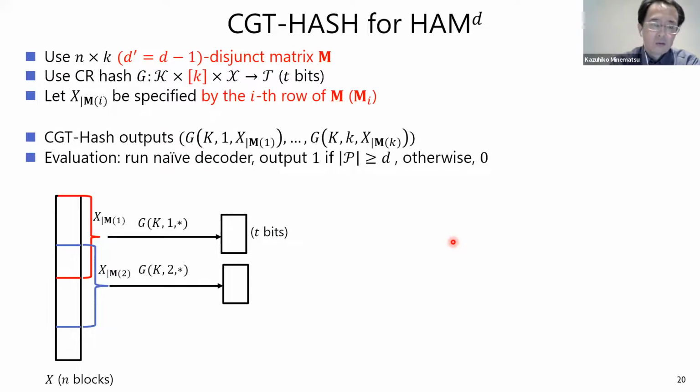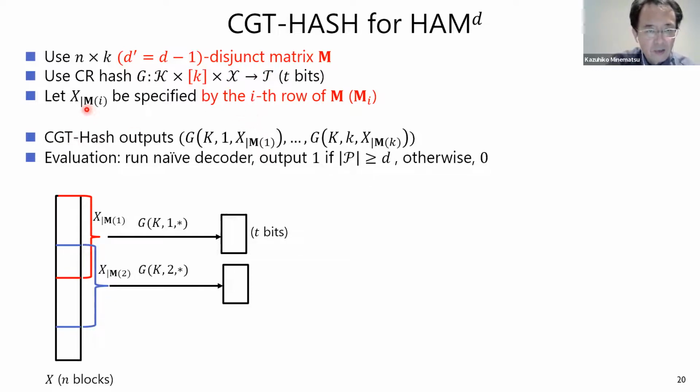Using this disjunct matrix, building a PPH for the Hamming predicate is straightforward. We first use an n times k, d' (which is d minus 1) disjunct matrix M, and prepare a collision-resistant hash function g producing a t-bit output.